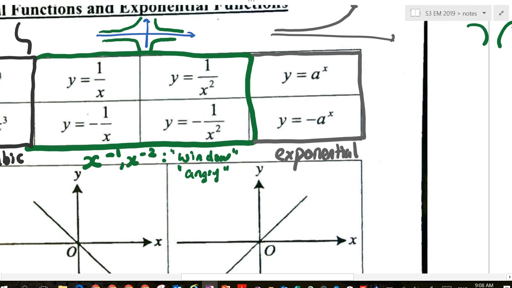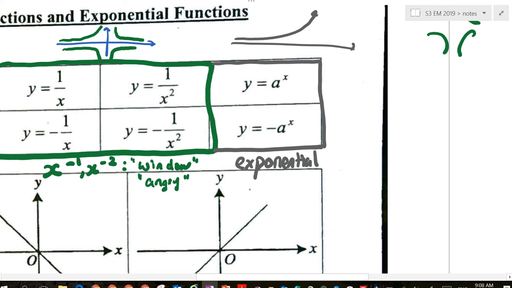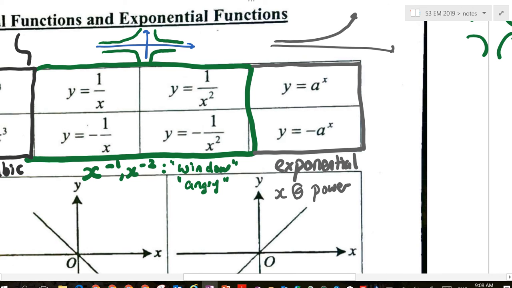Can you write down exponential? Can you write down the x is at the power? Do I talk sense? Do you realize that this x is the base? The number is where? Power.